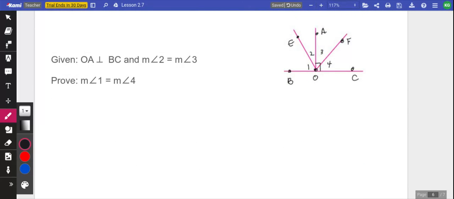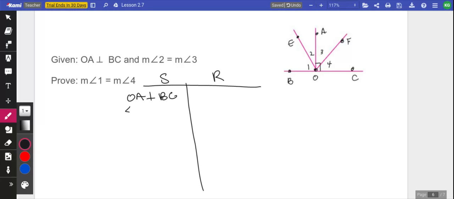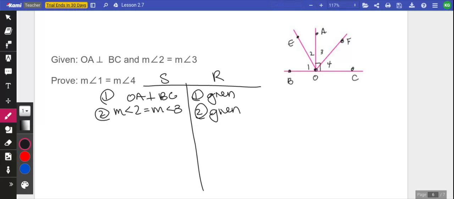All right, on the next one, we're given that OA is perpendicular to BC, and that angle 2 equals measure of angle 3. So once again, what does it mean to be perpendicular? That means they make a right angle. So that means that, which one are we going to want to do?